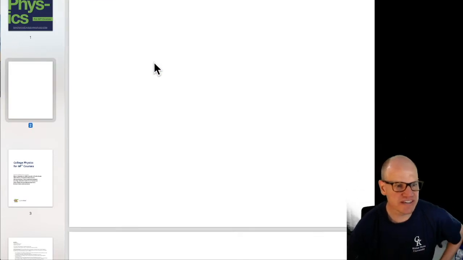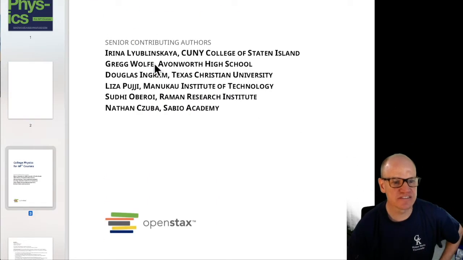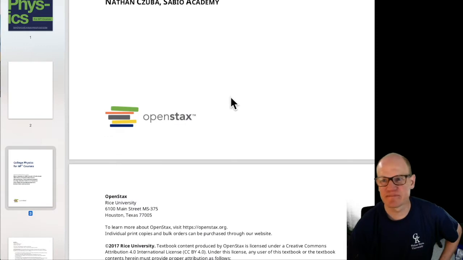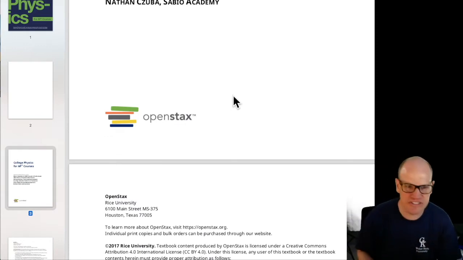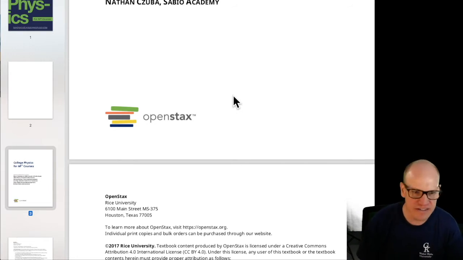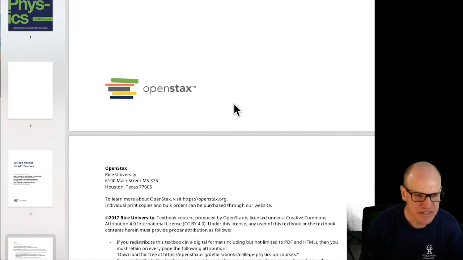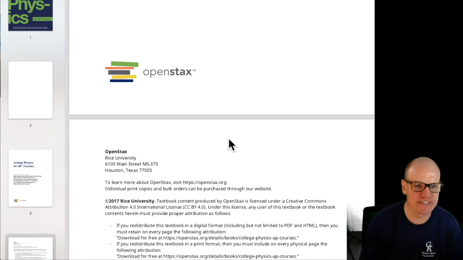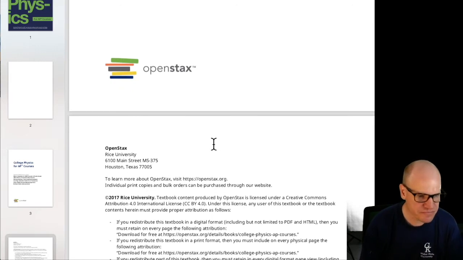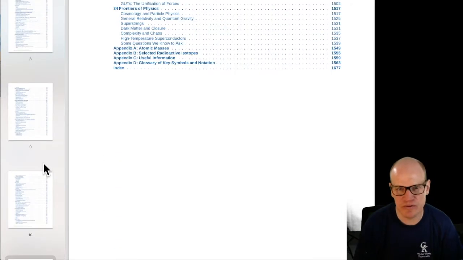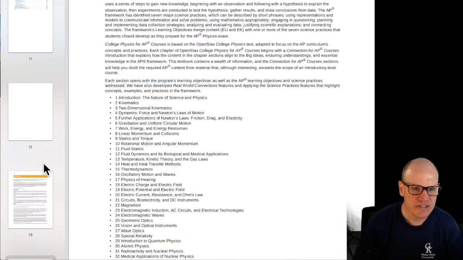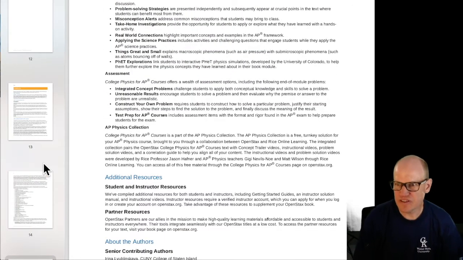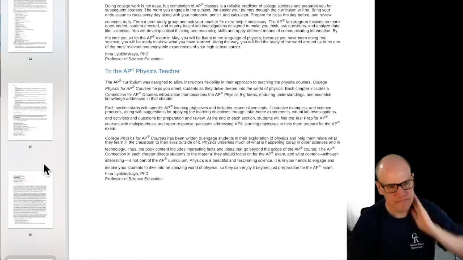OpenStax is a series of textbooks that are available for free online. It's run through Rice University, which is a name brand American institution of higher learning. And so this is what I'll be using, so that anyone who wants to follow along is welcome to do so. You can download your own copy of it.